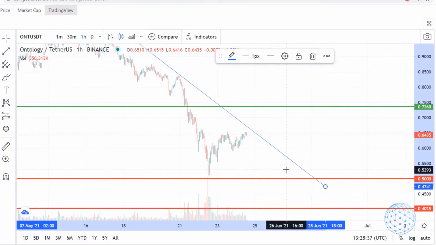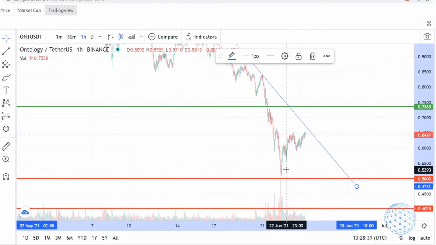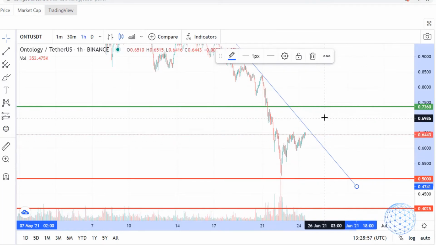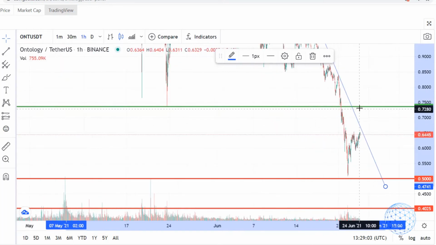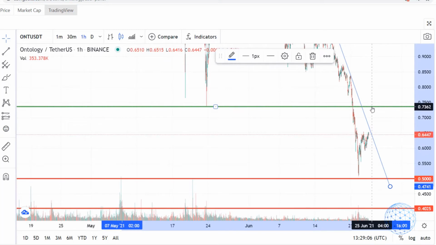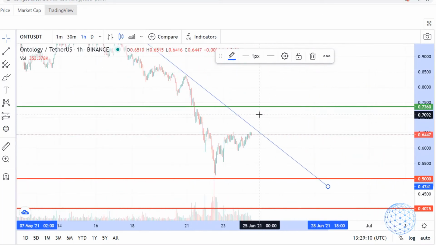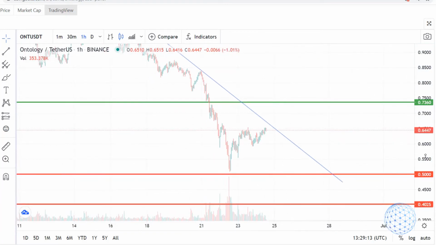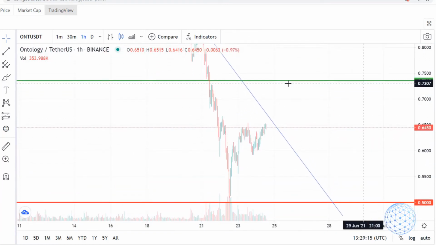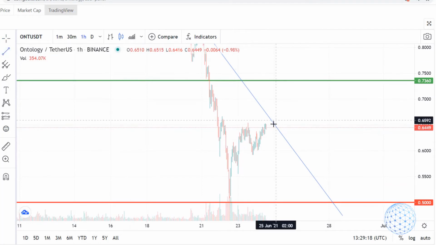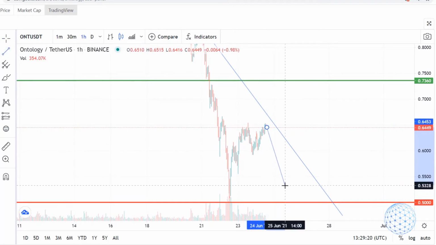Okay, here it is, and you see that the price still didn't reach it. So a potential setup for me buying the Ontology or buying the dip is when the price breaks this trend line, and I would be looking to take quick profits at the level of 0.7372. Okay, so this is one more time a strong support and resistance level which might stop the price again, so taking profit there would be great. But something important, I'll be happier buying cheaper.